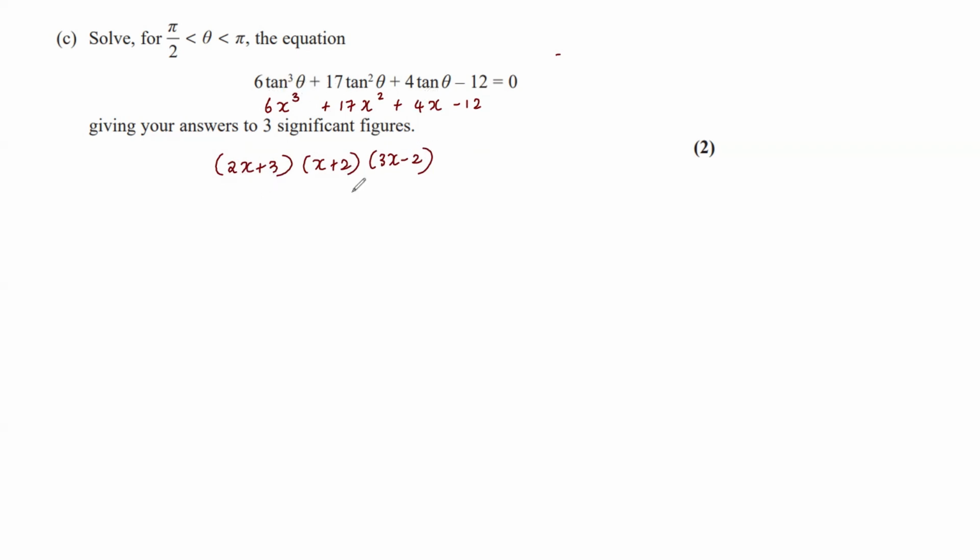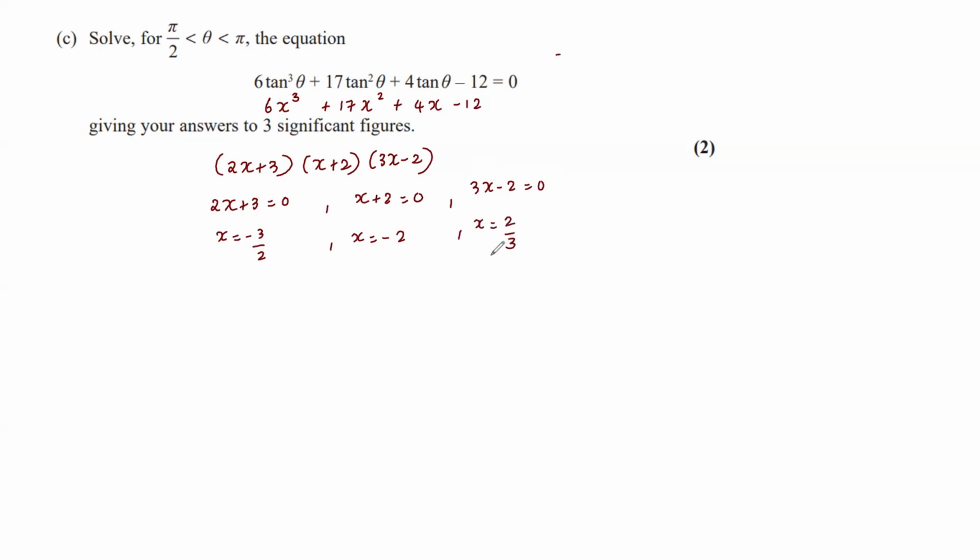So basically 2x plus 3, we equate it to 0, we will get x as minus 3 by 2. X plus 2, you equate it to 0, you will get x as minus 2. And 3x minus 2, you equate it to 0, you will get x as 2 over 3.